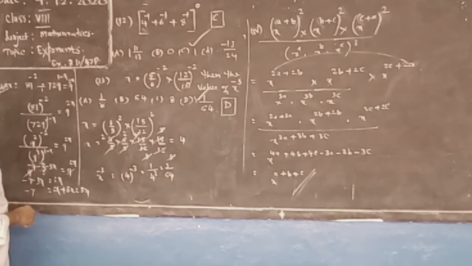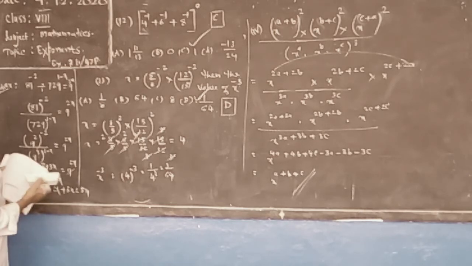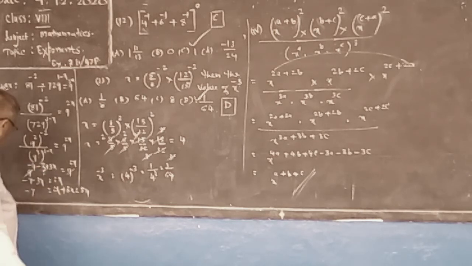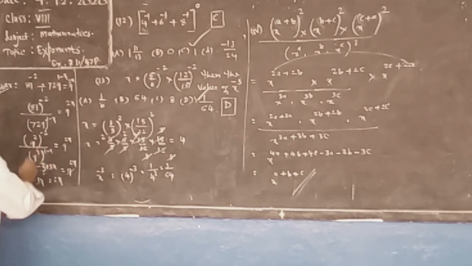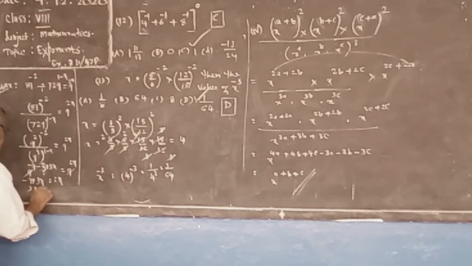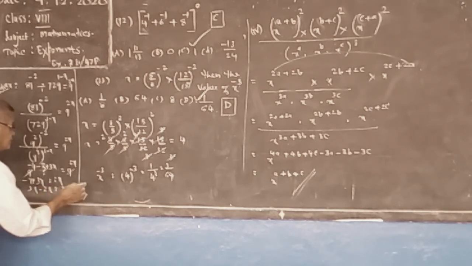So minus 4 minus 3 plus 3x is equal to 2x, and minus 7 plus 3x is equal to 2x. The 3x goes to the other side, so 3x minus 2x is equal to 7. x is equal to 7.